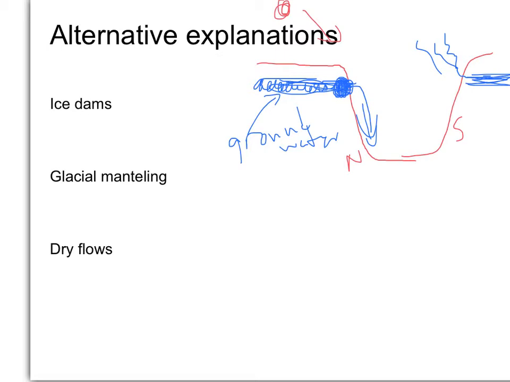Instead, we get a gradual evaporation of water as it comes to the side of the hill, and that's why we see them at mid-latitude regions facing away from the equator. So this is a very nice, tidy proposed mechanism. It fits the data.